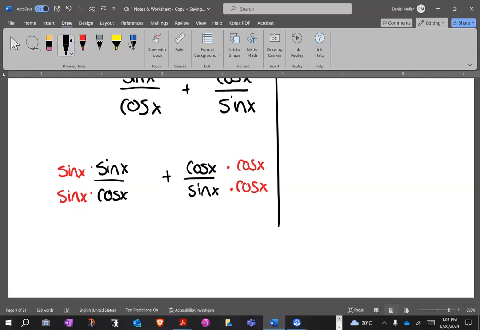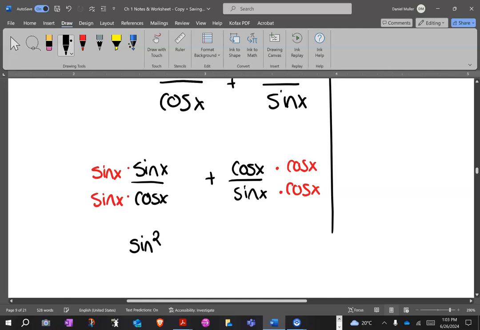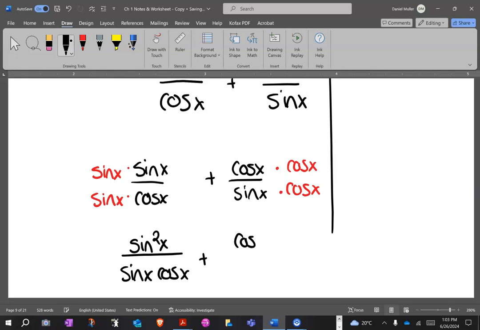So sine times sine, well, that's just sine squared over sine x cos x plus cos times cos is cos squared. Now, whenever you get two fractions that you get a common denominator, you need to put these fractions together.